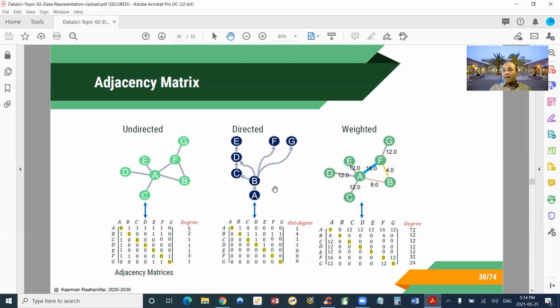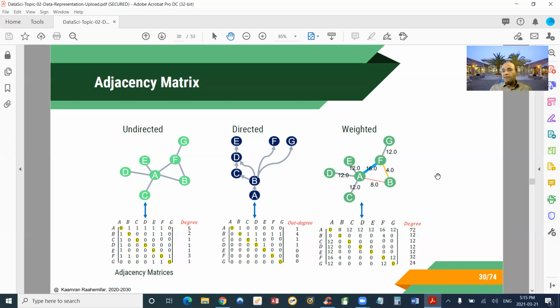And because of that direction in mind, I'm going to say A is connected to B, but B is not connected to A. Take a look at this. B is connected to G, but G is not connected to B. This is a directed graph, and that's the adjacency matrix.